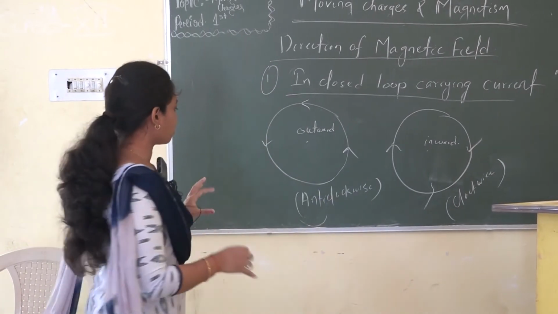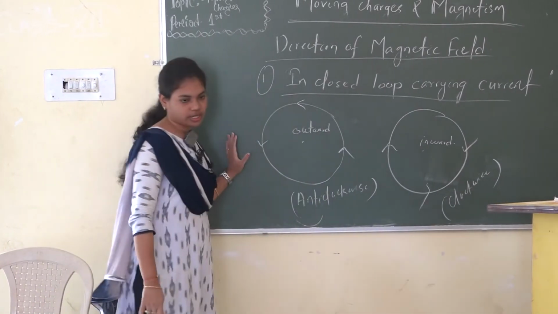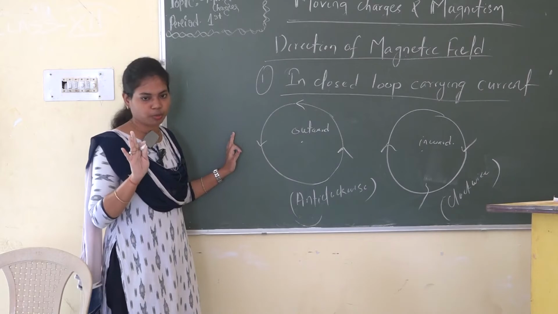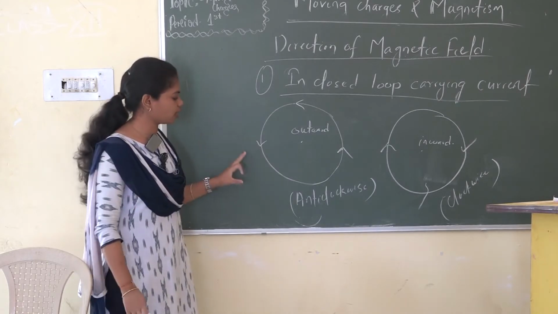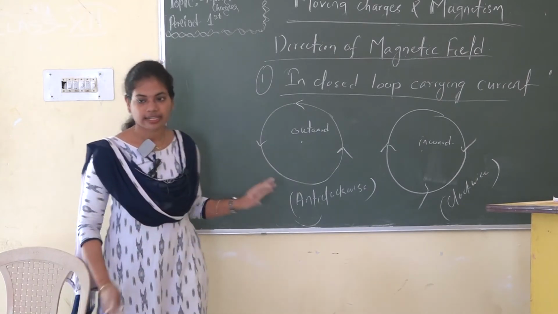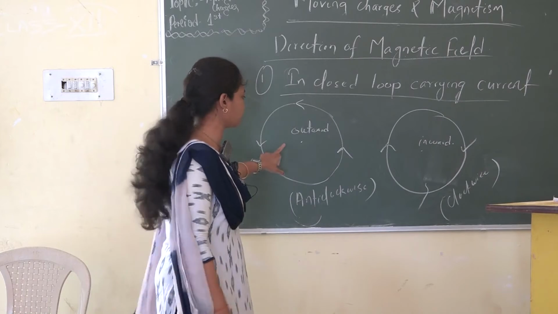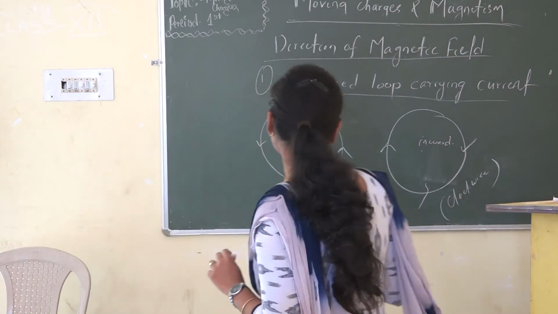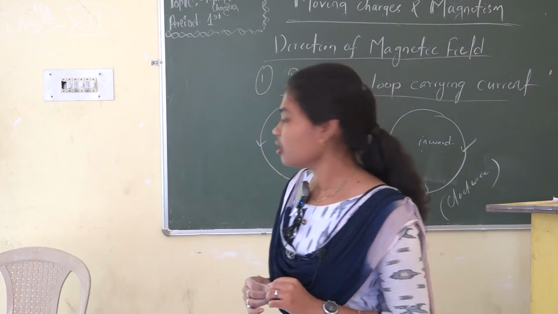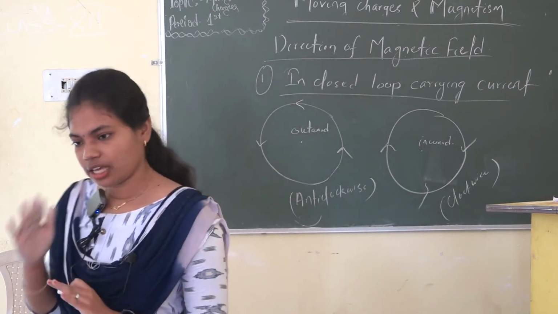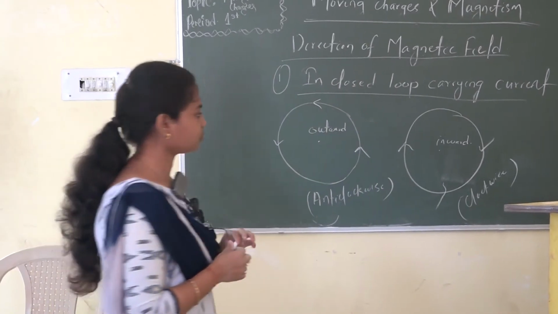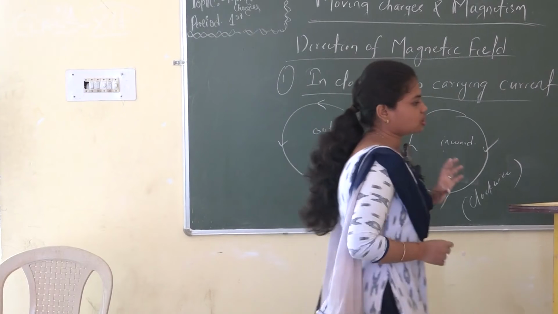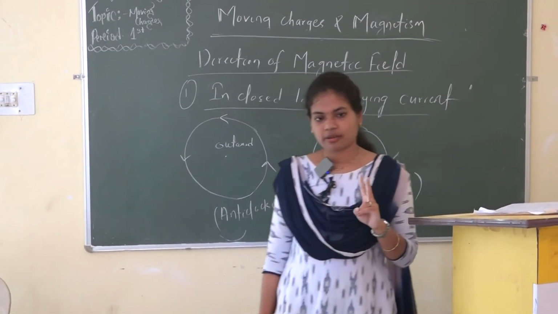When the current is flowing in anti-clockwise direction, you have to remember two points. When the current is flowing in anti-clockwise direction, the magnetic field is in outward direction. When the current is flowing in clockwise direction, the magnetic field is in inward direction. You have already studied two cases of direction of magnetic field.